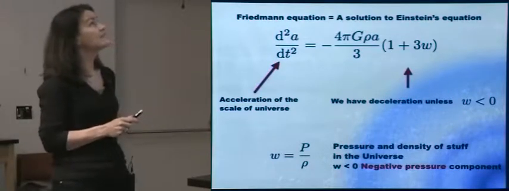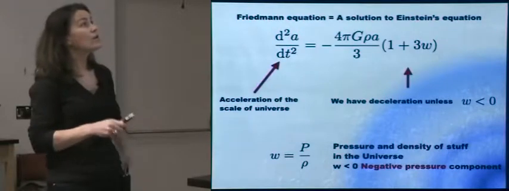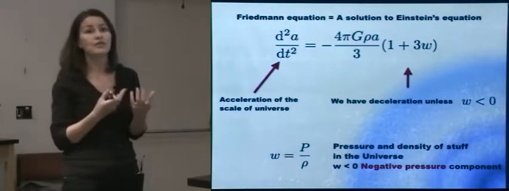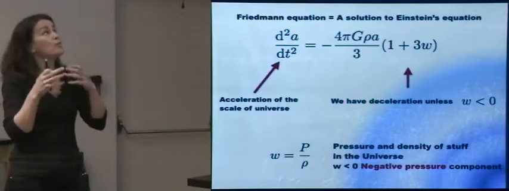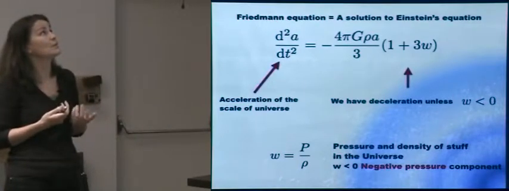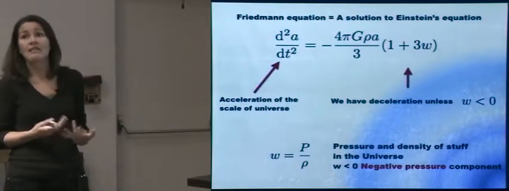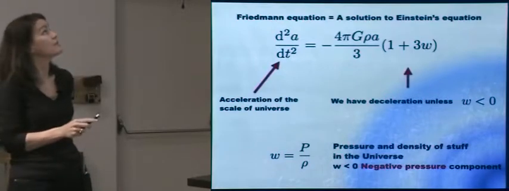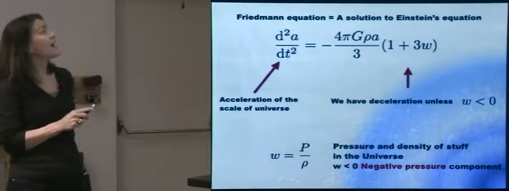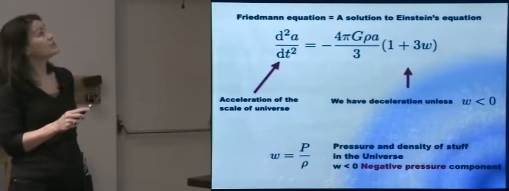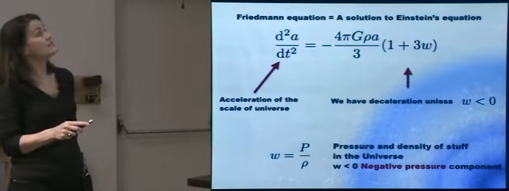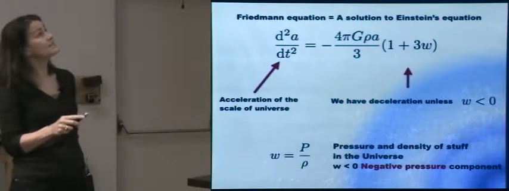The right-hand side of this equation, now we're looking at properties of the stuff in the universe. We're not just saying, what's the amount of stuff in the universe. We're looking at properties like the energy density and the pressure of stuff in the universe. And in order to have acceleration, we need this equation to be greater than 0. Deceleration is W less than 0.